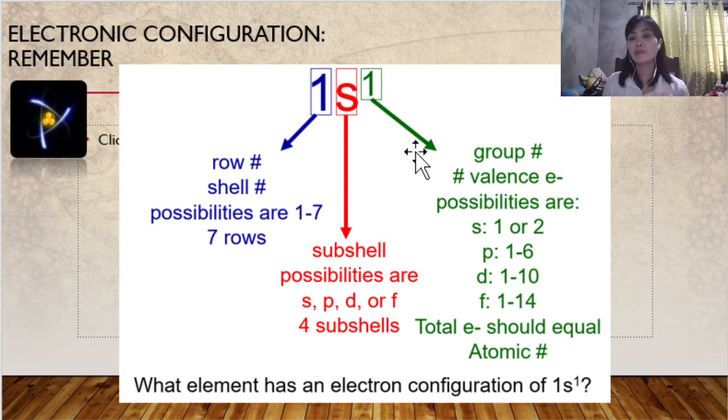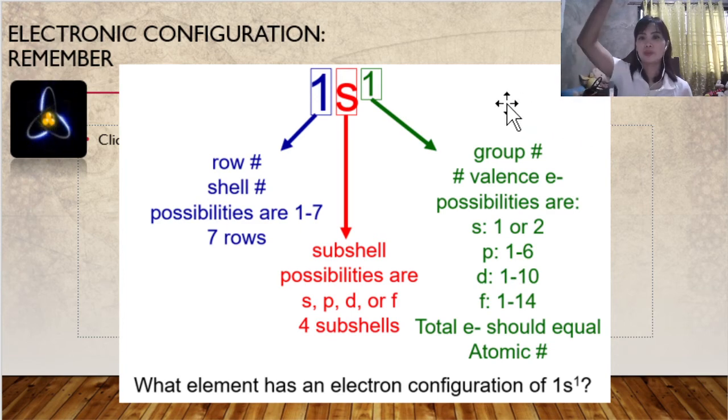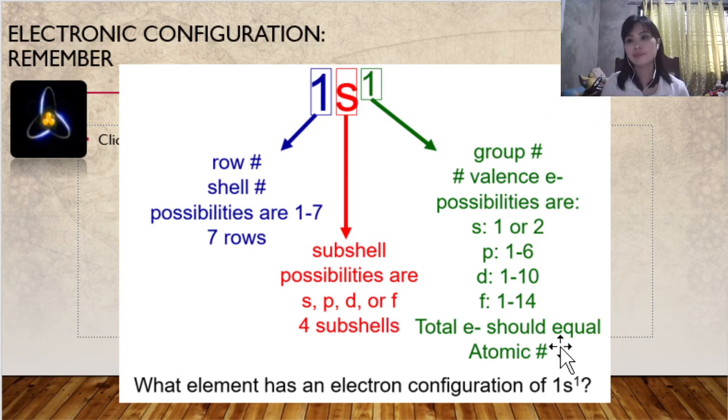Nakikita nyo kanina yung pinakita kong diagram na S sublevel, and saka merong P level, at saka D level, F level. Yung 1, yung superscript, ito yung group number niya. Ano yung group? Group 1, group 2. Yung vertical part ng ating periodic table. Okay. And then we have a number of valence electrons. If we're going to total it, ito yung atomic number niya.